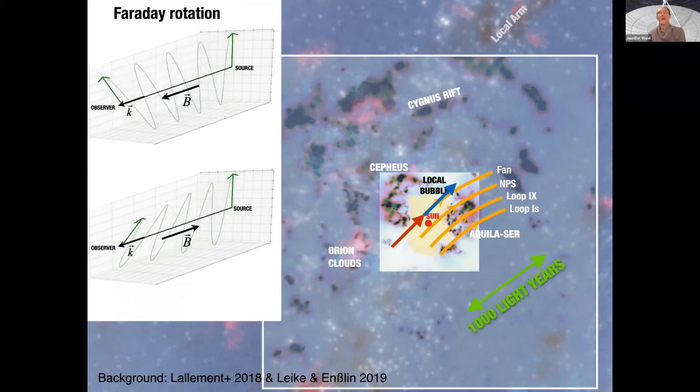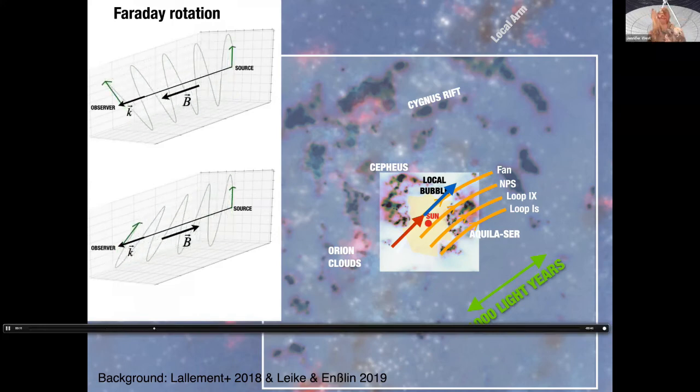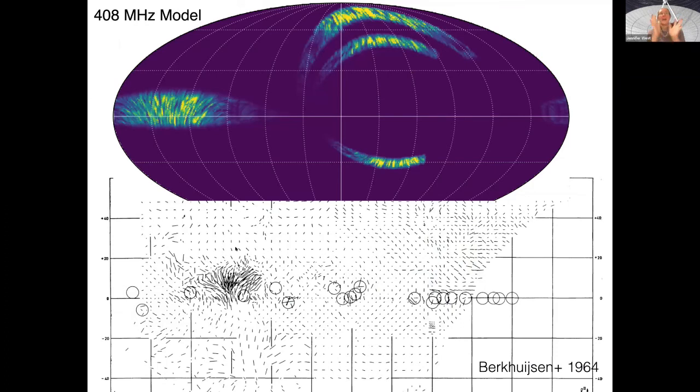And using the Faraday rotation going in opposite directions, this creates this fan-like appearance of the magnetic field in the fan region in our model, which matches pretty well what we see in the observations.